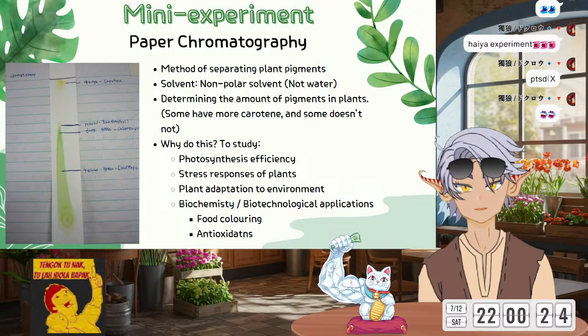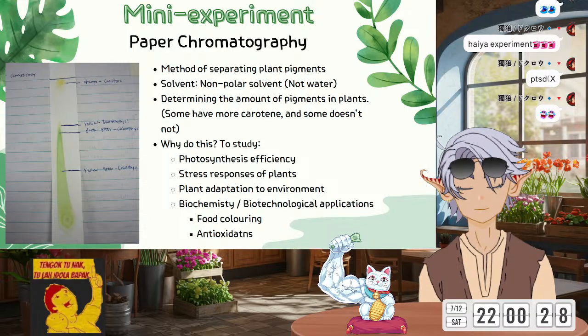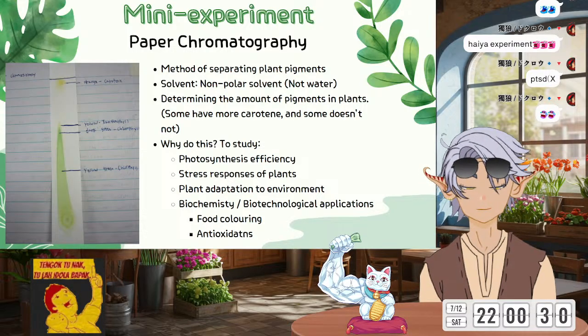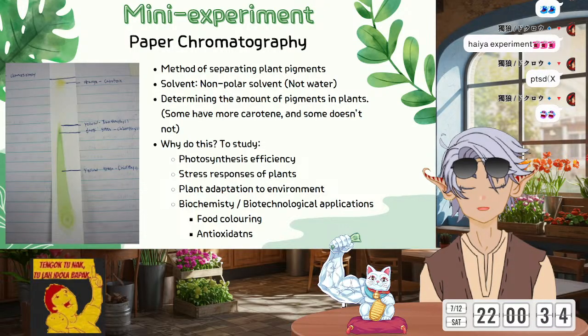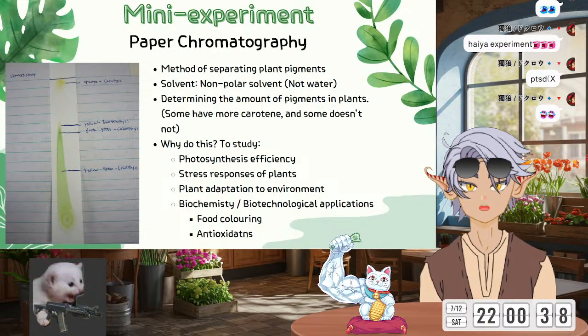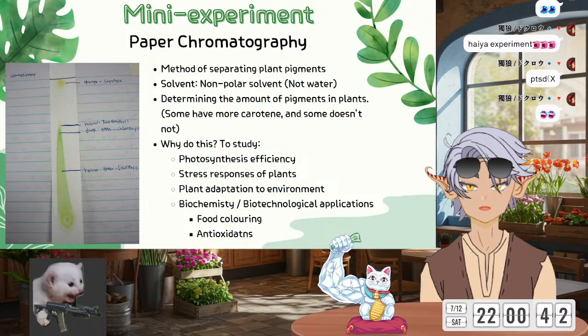Okay, so in this photosynthesis, we have a mini experiment to determine what happened. One of them is paper chromatography. Chromatography is the separation of pigments using the paper method, so it is called paper chromatography.